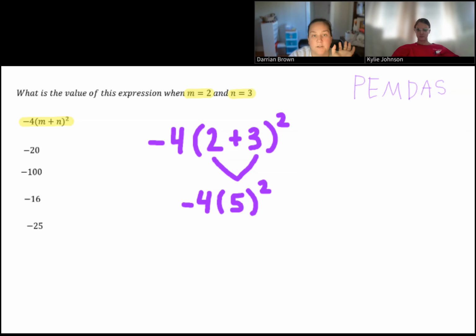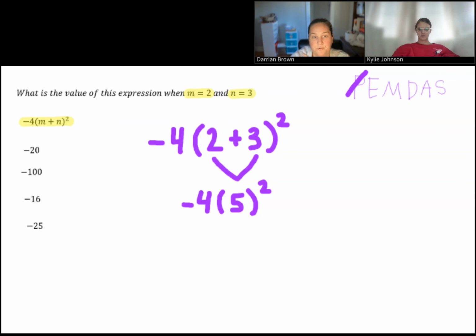Okay. Now, there's no more parentheses. We can cross that P off and move to the next operation. That E stands for exponents. Do we have any exponents? Remember, exponents are those little numbers that are up towards the top of your line. Yes, we do have an exponent.